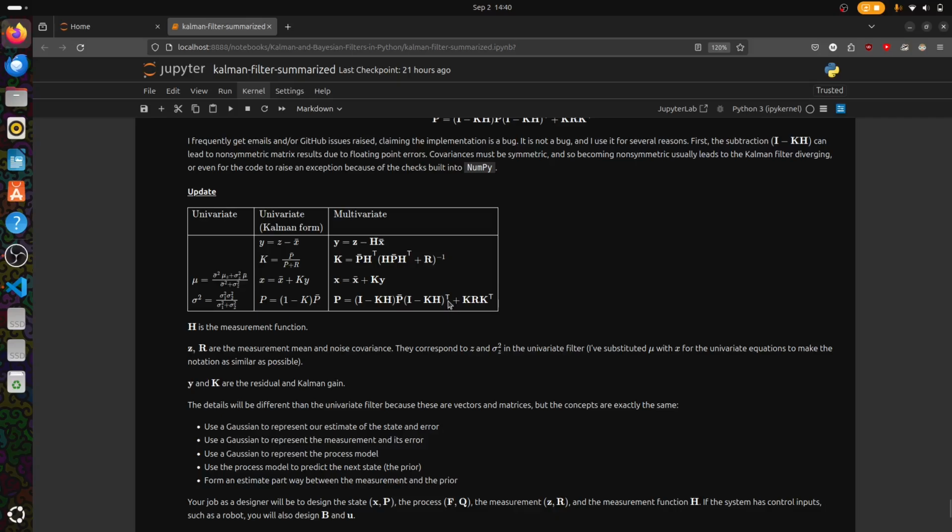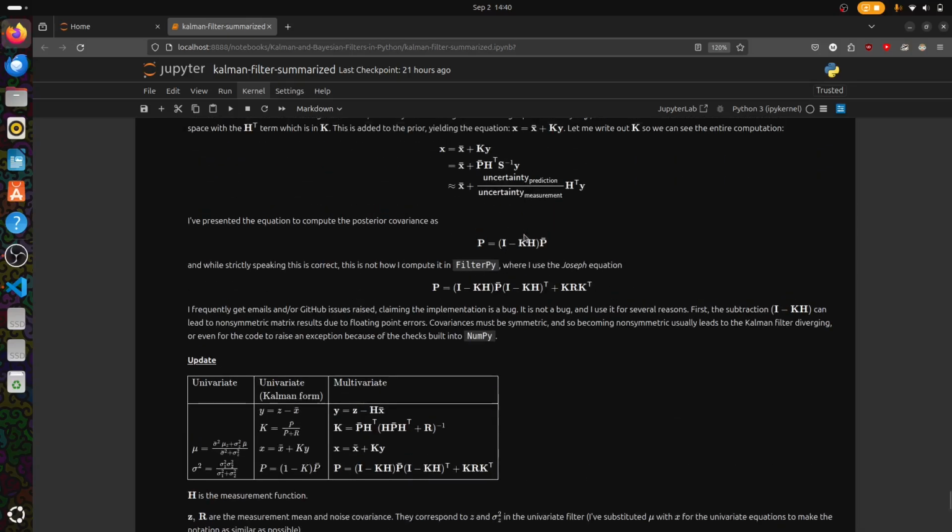This is not the commonly known equation, because we use the Joseph equation. The only point of the Joseph equation is that you will not encounter errors, because the original equation to get P from the update step can cause floating point errors and non-symmetric matrices. So you can use the more stable Joseph equation.